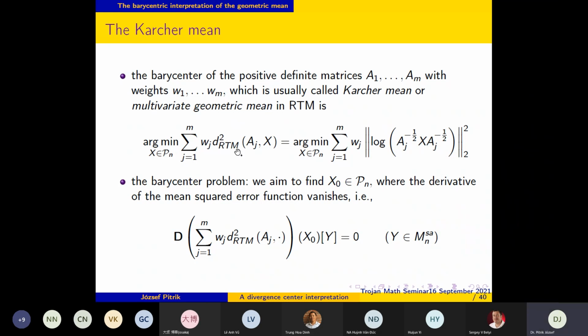And by the knowledge of the Riemannian trace metric, we can write it in this form. So the barycentric problem is to solve this optimization problem. That's why we have to find x0, where the derivative of this mean squared error function vanishes. This way.